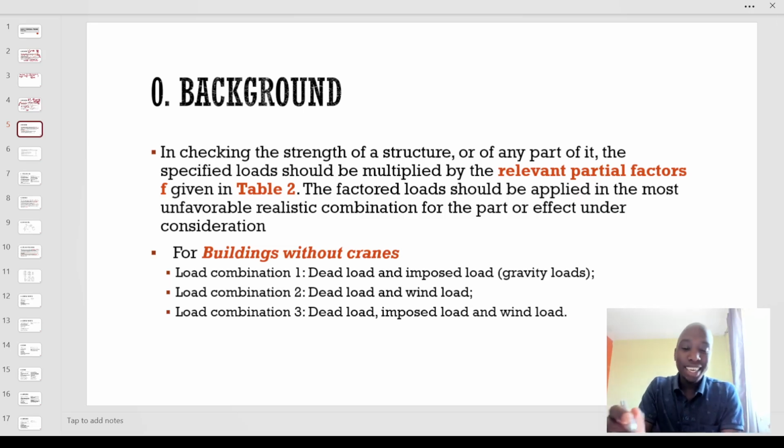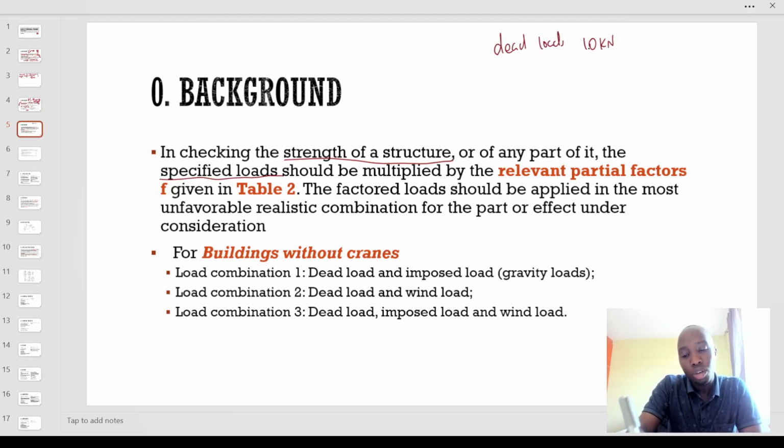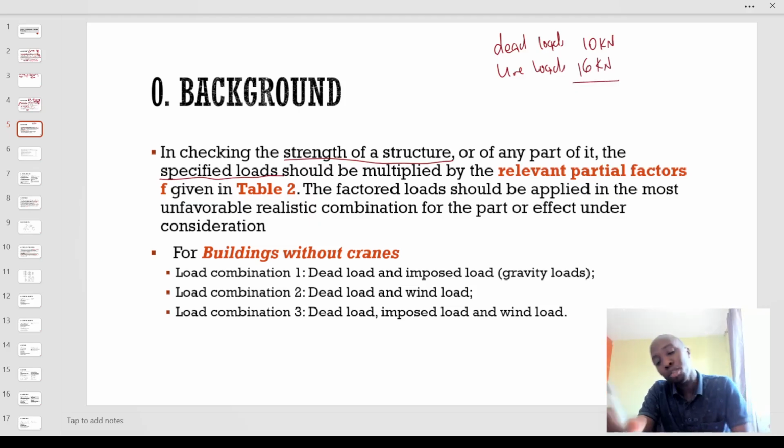So, in checking, when we want to check the strength of a structure, we are saying that the specified loads, if you have maybe dead loads of 10 kilonewtons and live loads of maybe 16 kilonewtons, we don't use them the way they are, because we have not factored in those aspects of serviceability and ultimate.